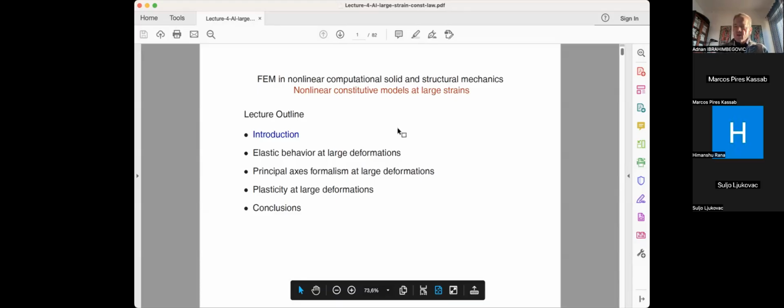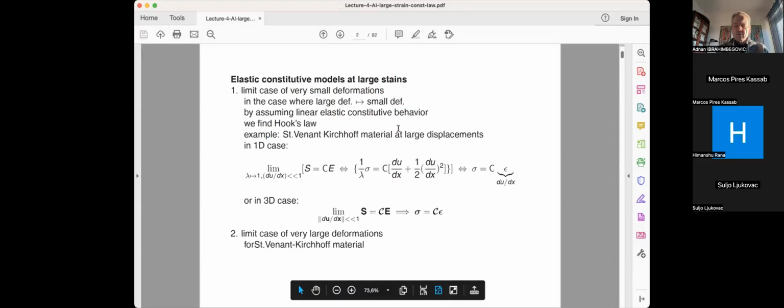And then I'll show how to extend the same type of formalism to plasticity. This is quite interesting if you're working on this type of thing, and hopefully it could demystify many of these things.